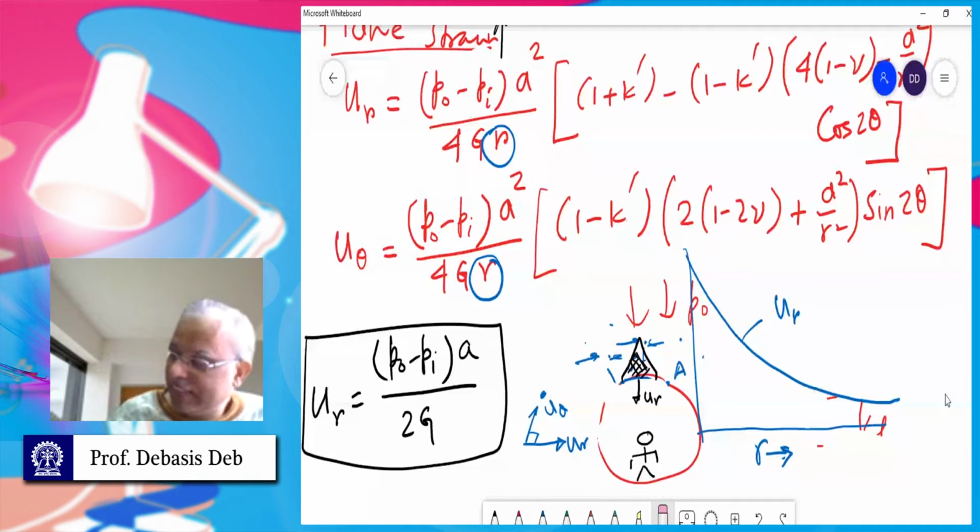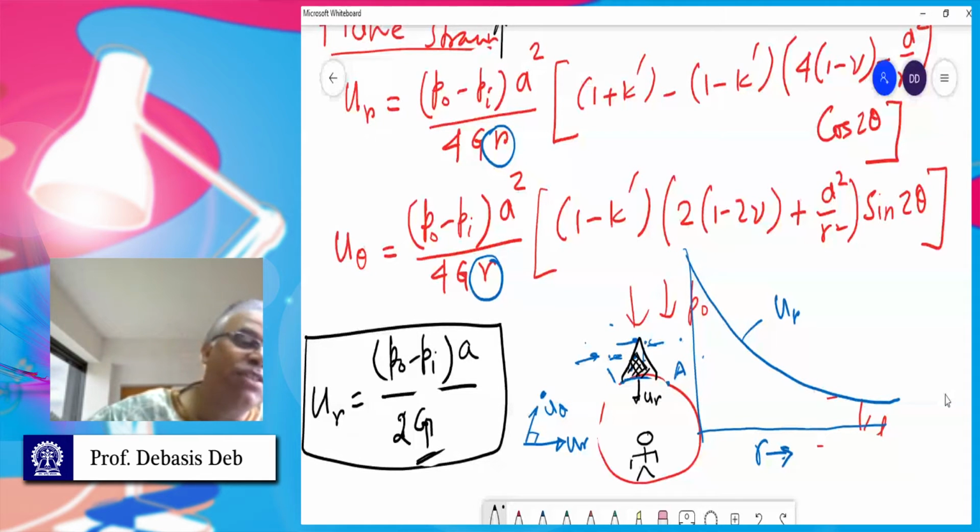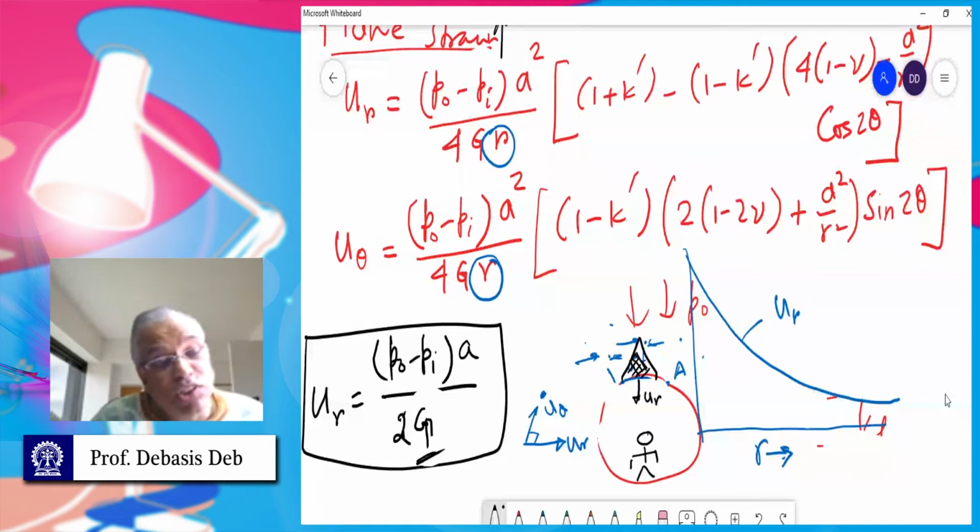Number two, if G is less, which means the modulus of elasticity is also very low, then UR will also be high, and extremely high because it is sitting in the denominator. So a little bit of change will change it.